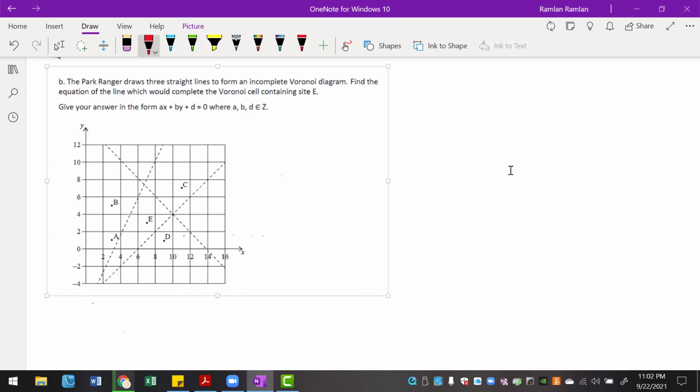Okay, so in here, what we need to focus on, because it only says to find the equation of the line which could complete the Voronoi cell containing site E. So let's see if E is connected to all of the other points in here. E and C is connected with this line, right? Because this is the perpendicular bisector of line AC. And then for E with D, we have this line as the perpendicular bisector.